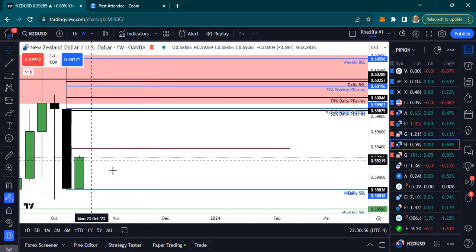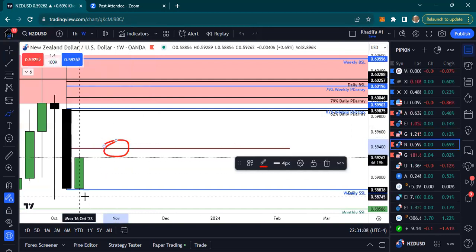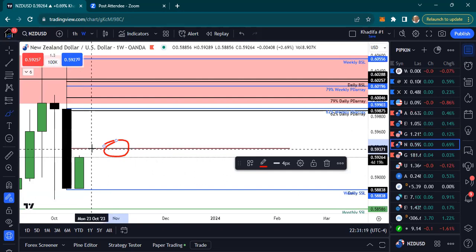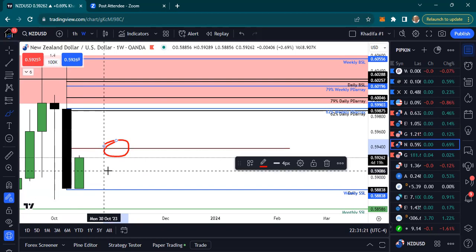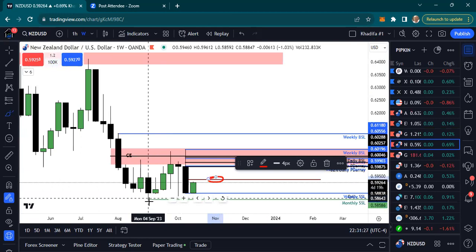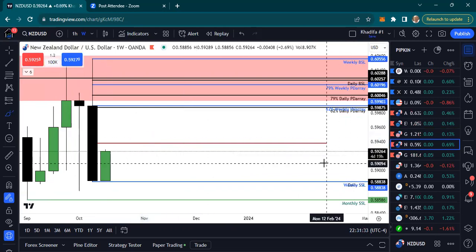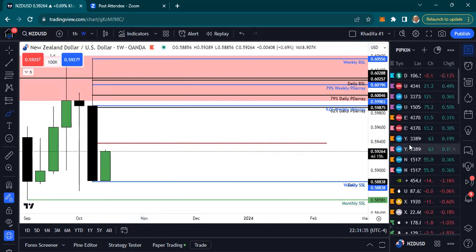So for me to be confident in my bearish bias for NZD to the downside, I do not want to see us break above consequent encroachment. We could run a Mohawk above it for a pip or two, but I would like to see a respect of that level, a body close below that level and an aggressive reaction to the downside. And I'm expecting us to run this sell side liquidity next, which is a monthly sell side liquidity. So that's what I'm expecting out of NZD USD.